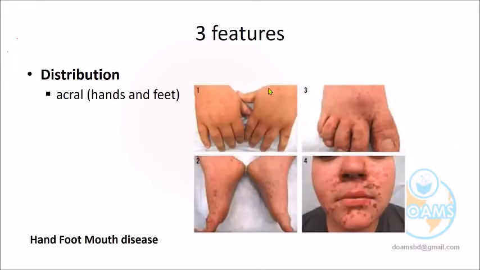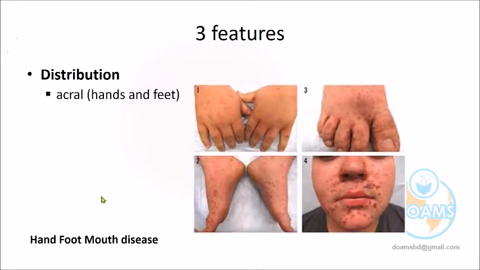And now hand, foot, even inside the mouth, mucous membrane, though I couldn't show you inside the mouth. Nowadays in South Asian countries, have any of you faced such a diagnosis? I have seen a few cases in my practice also. Hand, foot, mouth disease.